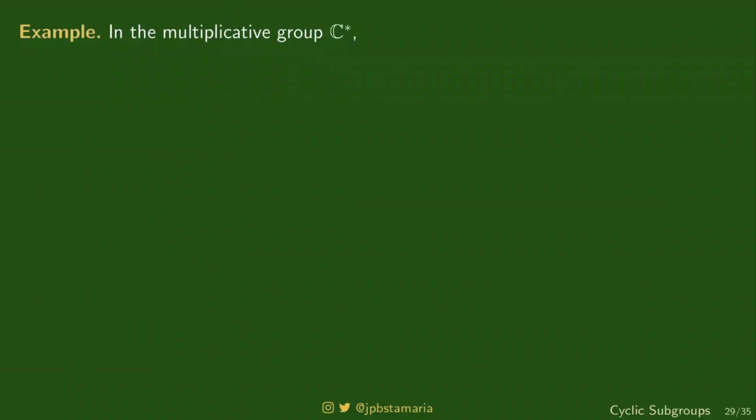In the group C star, pag sinabing C star, ito yung group of non-zero complex numbers. Tinatanggal natin yung zero kasi ang operation natin ay multiplication. Kasi ayaw natin magkaroon ng problema. Anong problema yun?